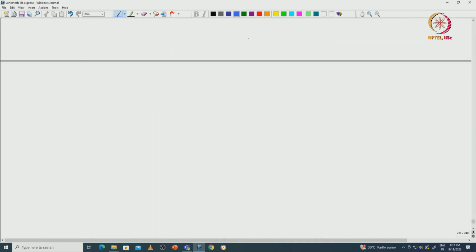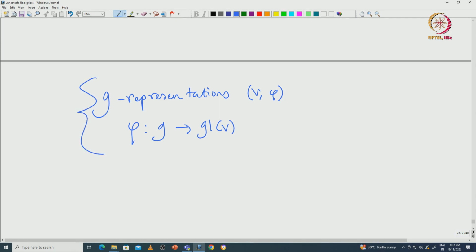If you take G representations, that is phi from G to GL of V, maybe you can also denote it by (V, phi), from this you have a one to one correspondence with what are called G modules.